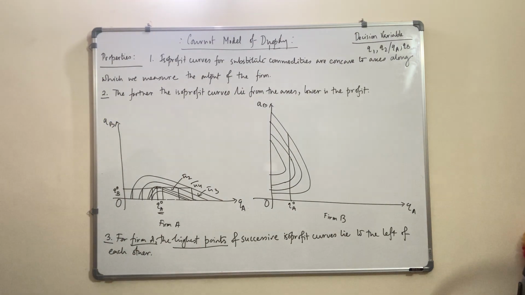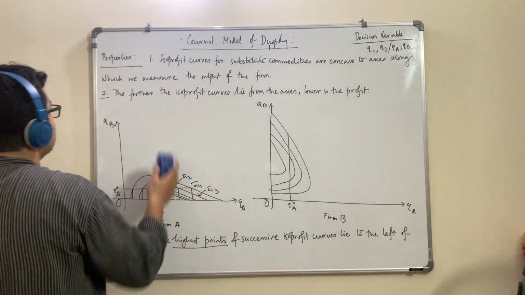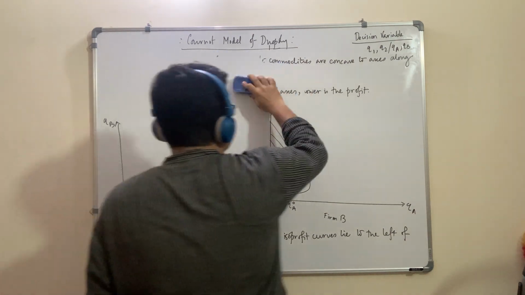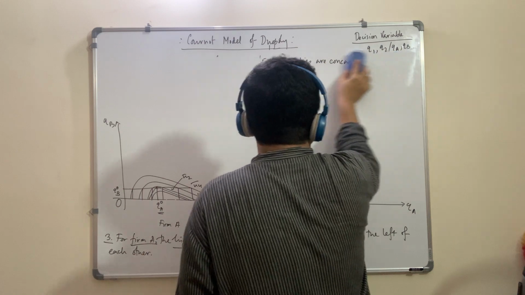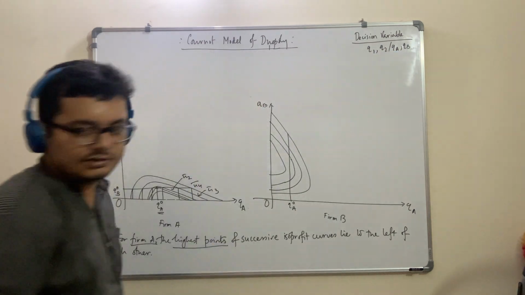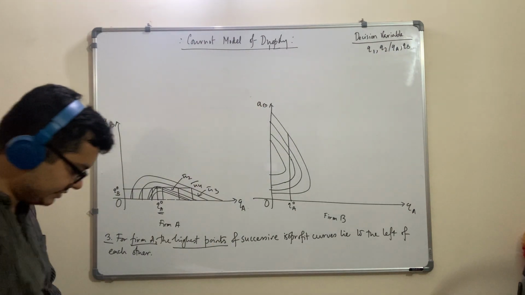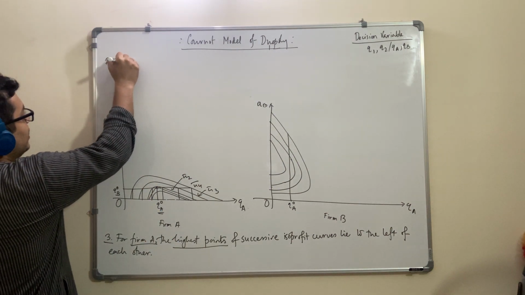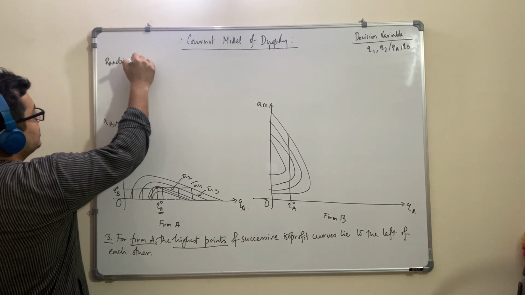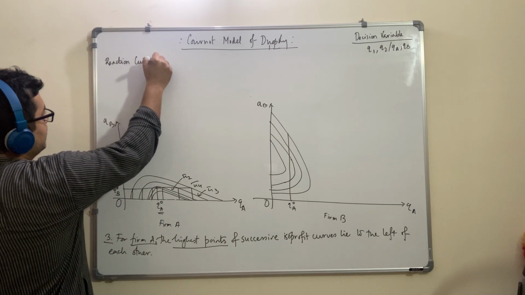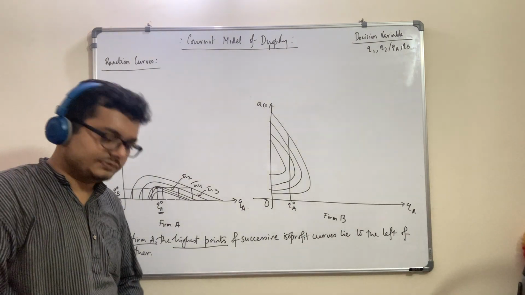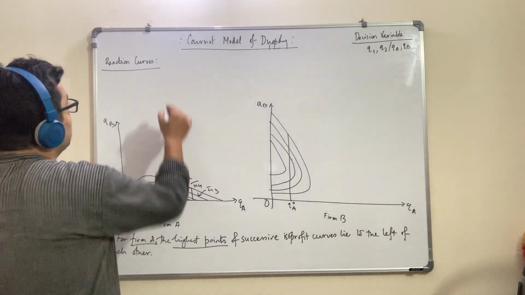Okay, so now we come to the reaction curves, which will be derived in this diagram. So what are reaction curves? Reaction curves and reaction function. In game theory, we will call them best response function. Okay.